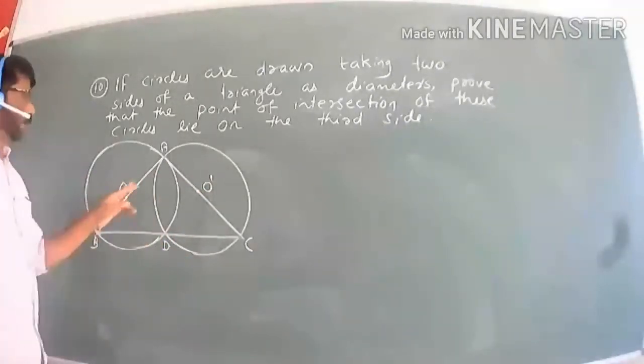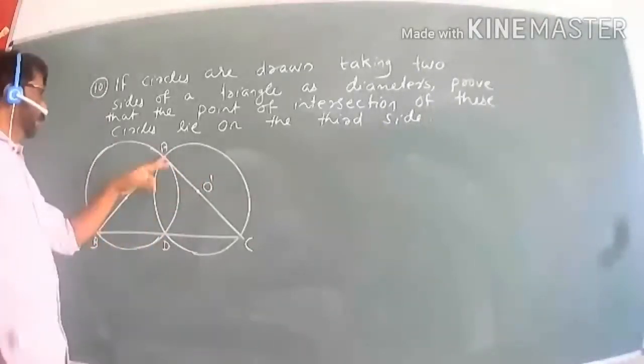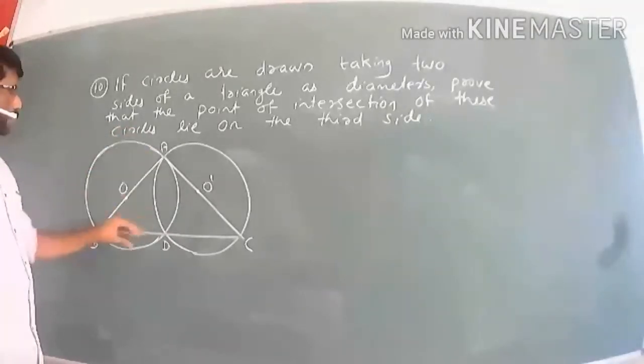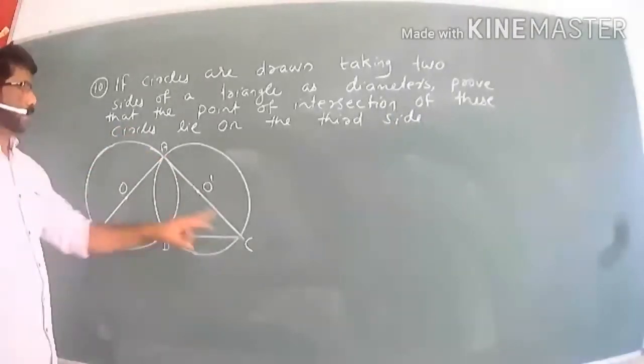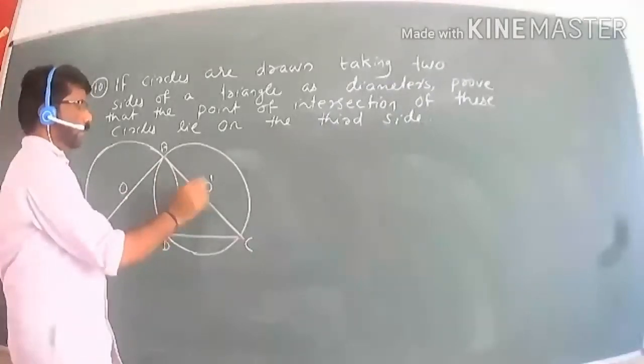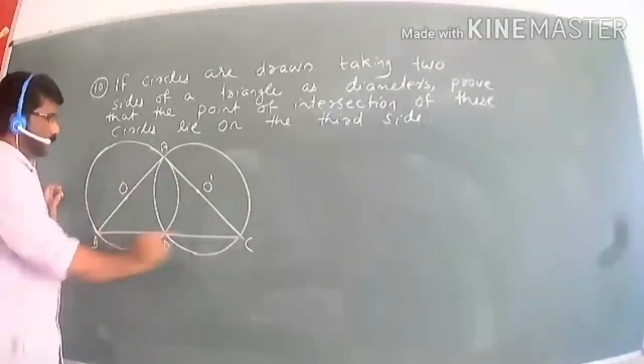So O and O dash are the centers of two circles, AB is a diameter of the circle with the center O, AC is a diameter of the circle with the center O dash. BC is the third side of the triangle ABC.